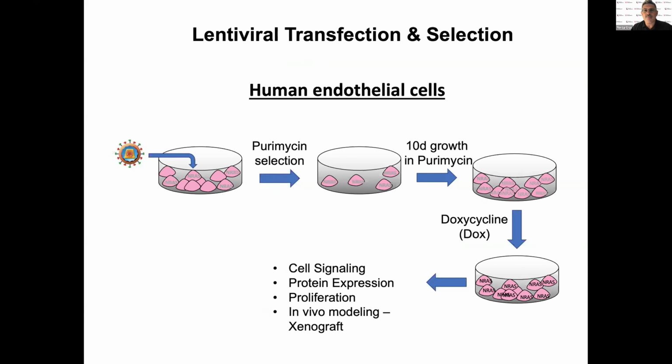So in my lab, we use an approach using human cells to study these somatic mutations, particularly the ones that have been identified in lymphatic anomalies. So I'm just showing you here how we put those somatic mutations, those mutant genes, into normal human endothelial cells.